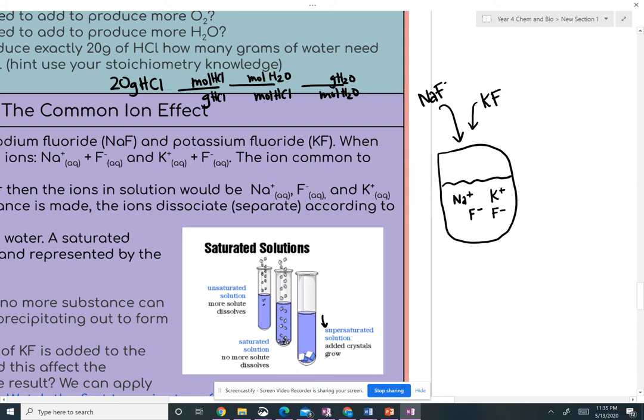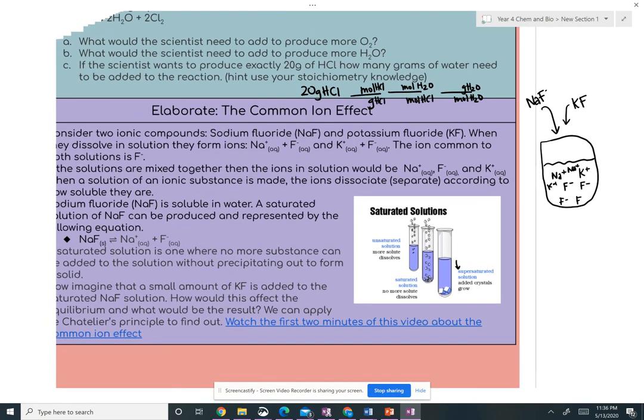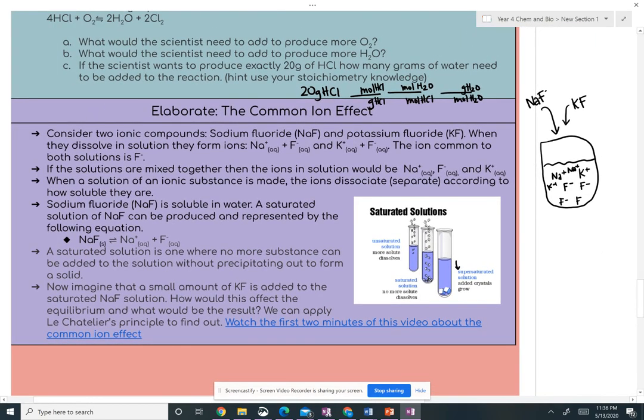So what you will see is that I am going to accumulate a lot of these little F minuses. If I keep dumping the salt, I'm going to end up with all of these extra F minuses. I'll have the Nas and the Ks to counter it, but I'm going to end up with pretty much double the F minuses.